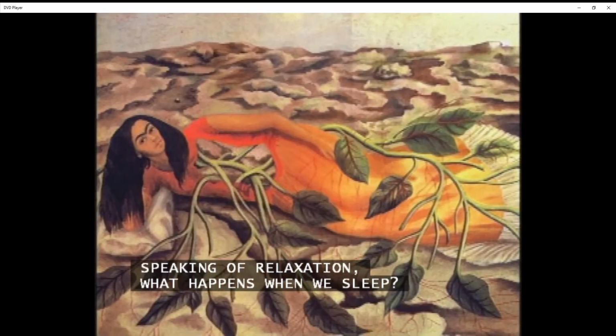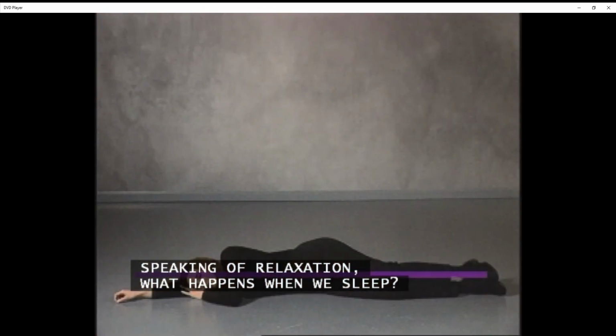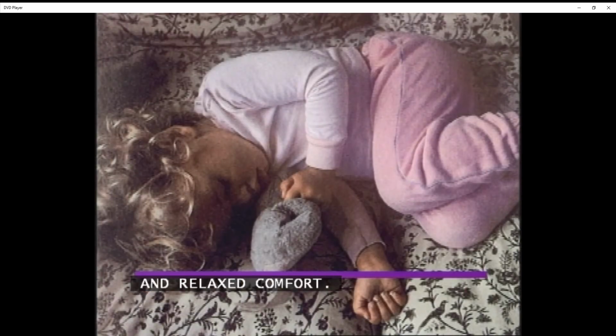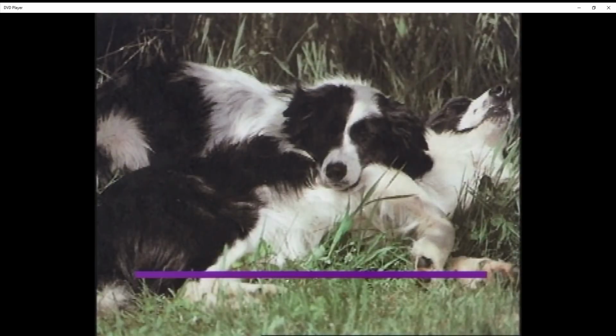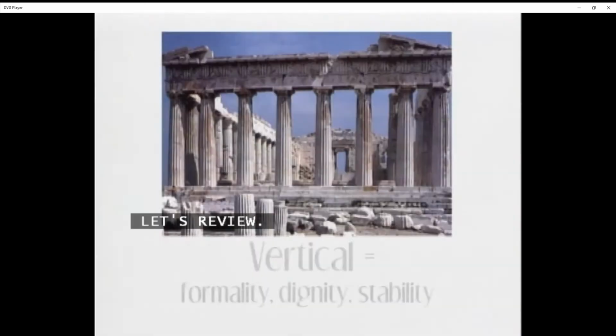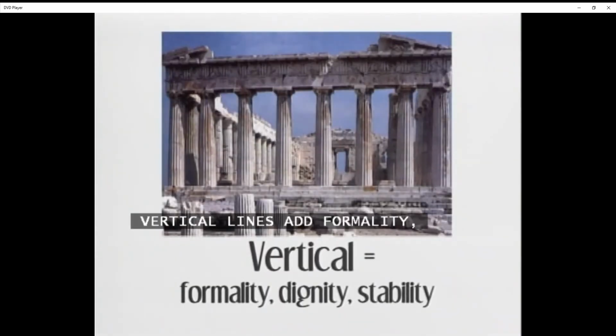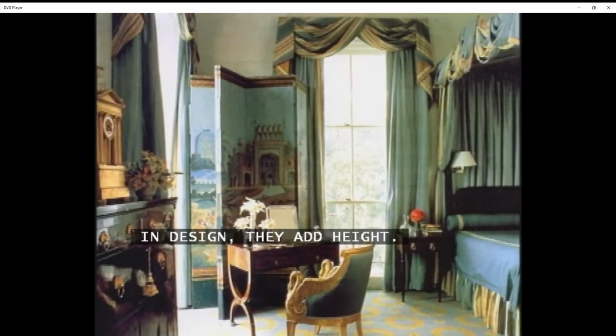Speaking of relaxation, what happens when we sleep? Here's the ultimate experience in restfulness, reinforcing the connection between the horizontal line and relaxed comfort. Let's review. Vertical lines add formality, dignity, a sense of permanence and stability. In design, they add height.